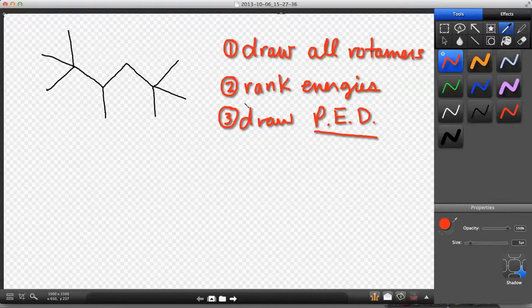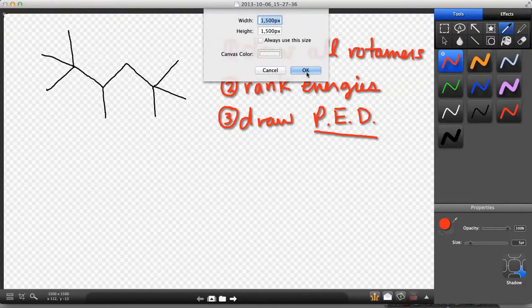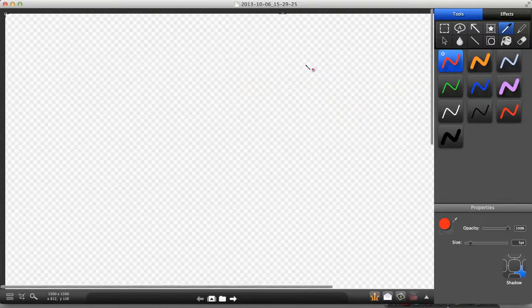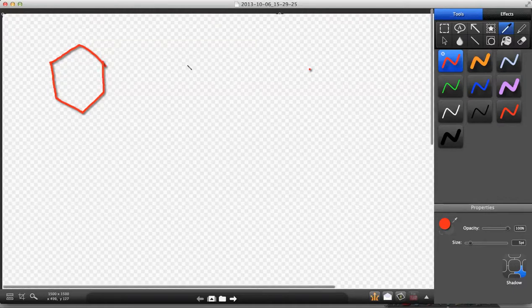One last thing I'd like to discuss, and I previewed this in lab last week. We can look at rings in a slightly different way now. Cyclohexane is many times rendered as though it's planar. It is not planar. It has two major conformations.